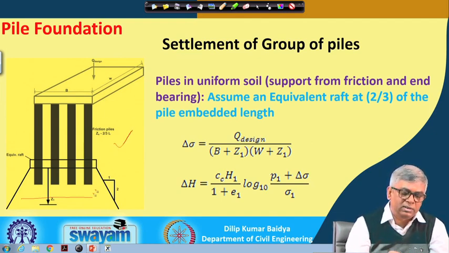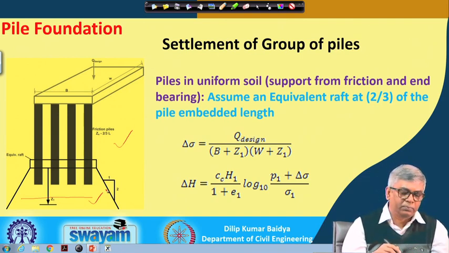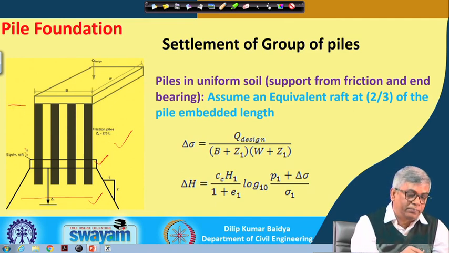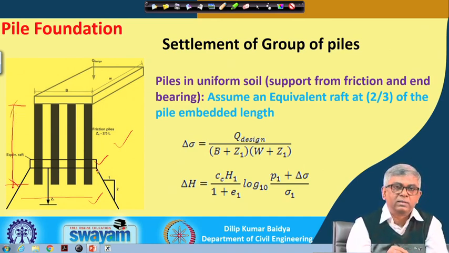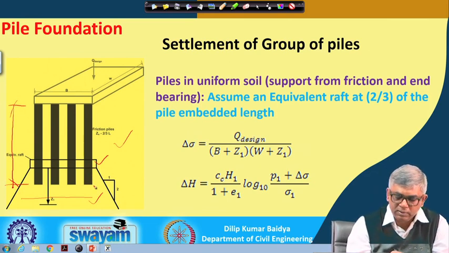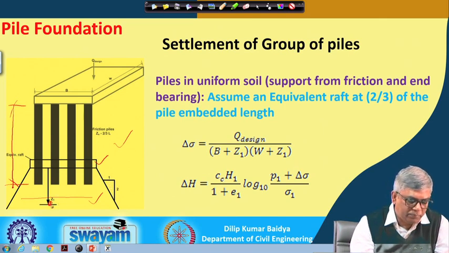That means this zone and this zone the soil is the same, up to a great depth the soil is uniform cohesive soil, and in that case the pile group will be considered as an equivalent raft at a depth equal to 2/3 of L. So if this is L, then at 2/3 L depth we will assume an equivalent raft.